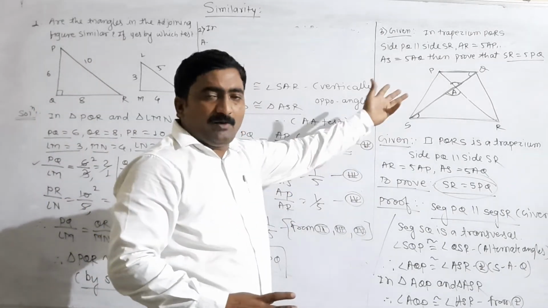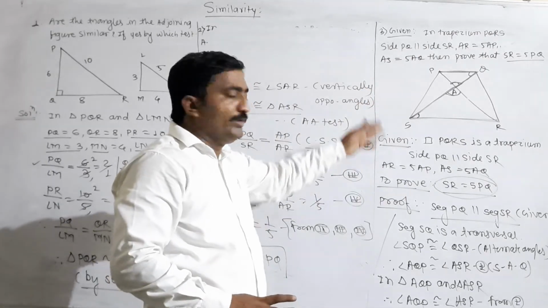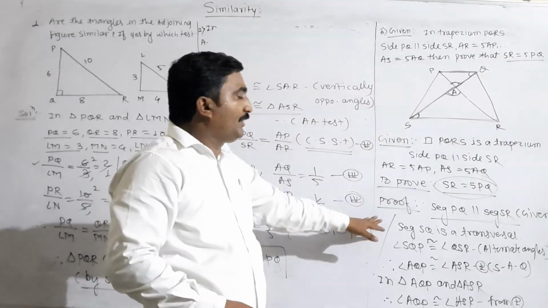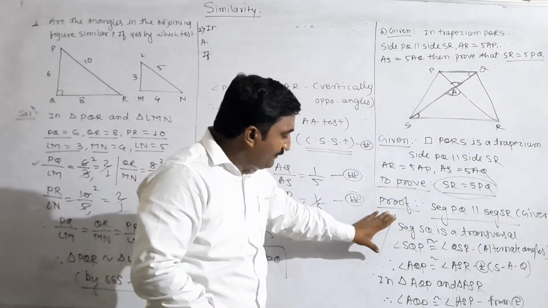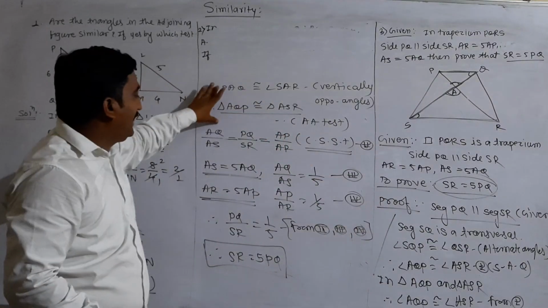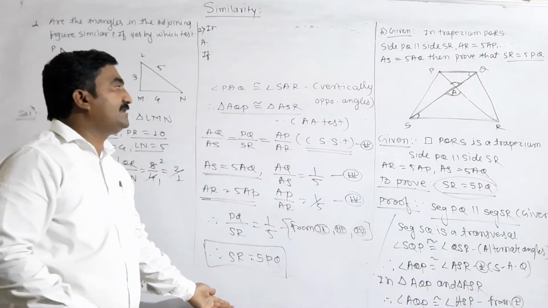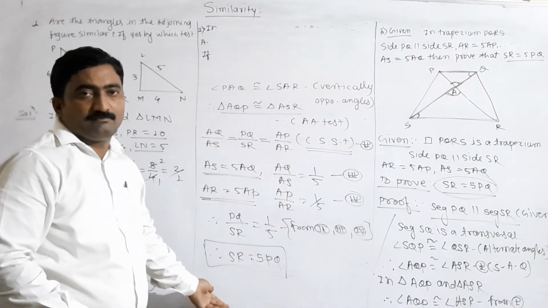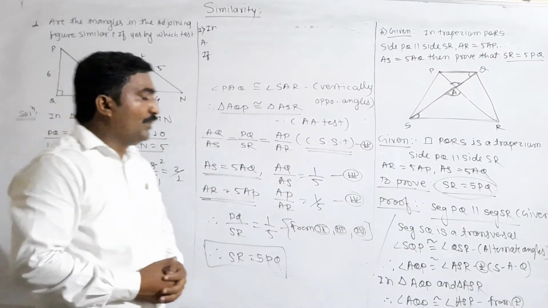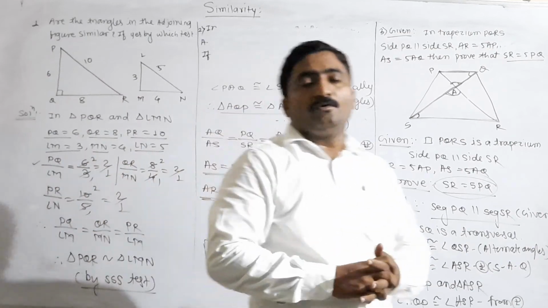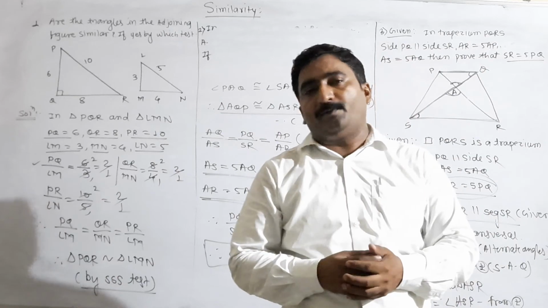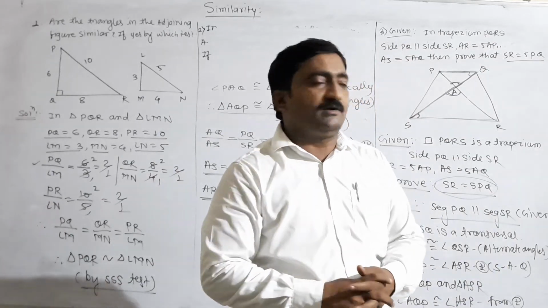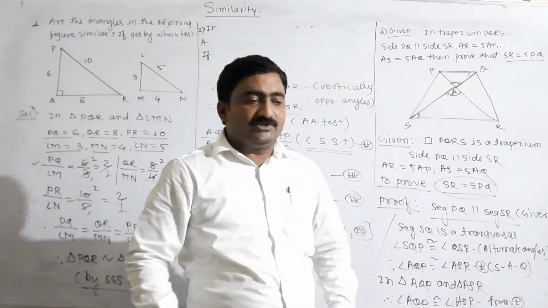The given and the to-prove come from the problem, but you must make the steps of the proof: first step, second step, third step, and last is the conclusion. At home, take more and more practice of these problems. This is very important for your examination. So we shall stop here.